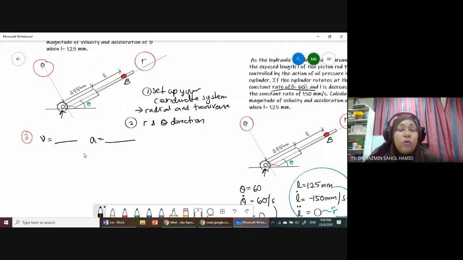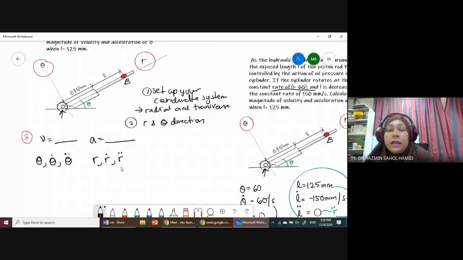Okay, so what are the variables that we have? So we have theta, we have theta dot, and we have theta double dot. Okay, and we also have r, we have r dot, and we also have r double dot.